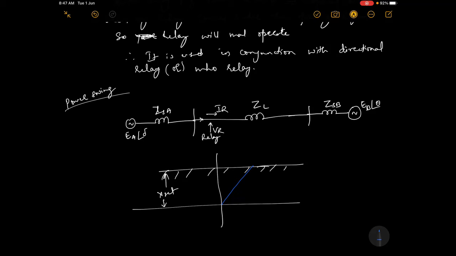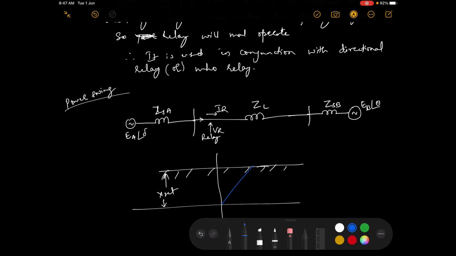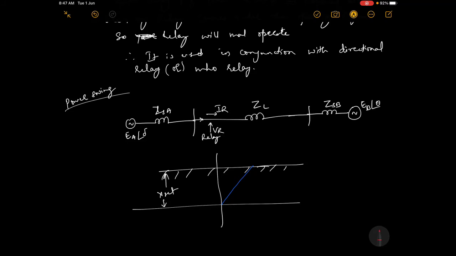For that we will have to add something. During power swings, when will a power swing happen? When a major generating station is not in synchronism or is out of the system, or a major tie line is out of the system.